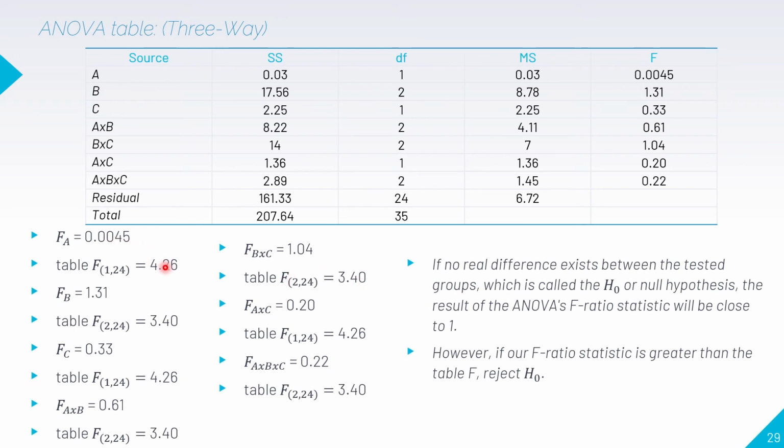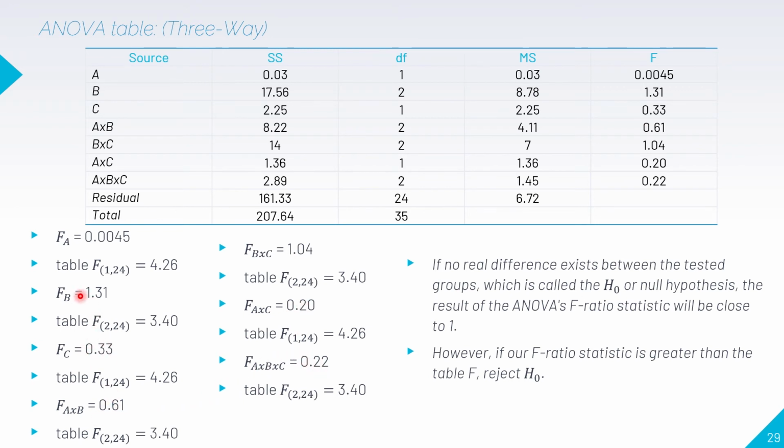Look, smaller, it is lesser than our table F. So, if no real difference exists within the tested groups, which is called the null hypothesis, the result of the ANOVA's F ratio statistic will be close to 1. So as you notice, our F's are close to 1.